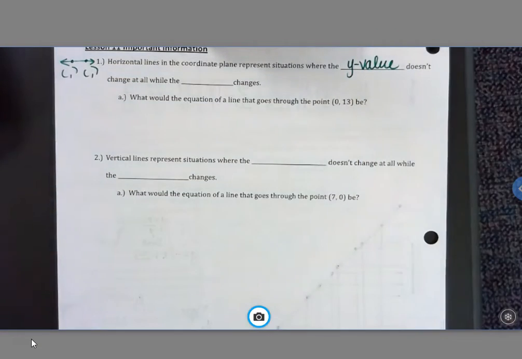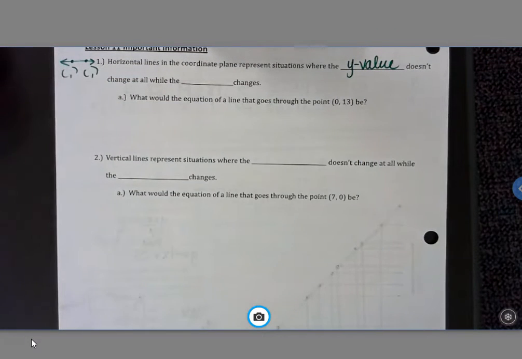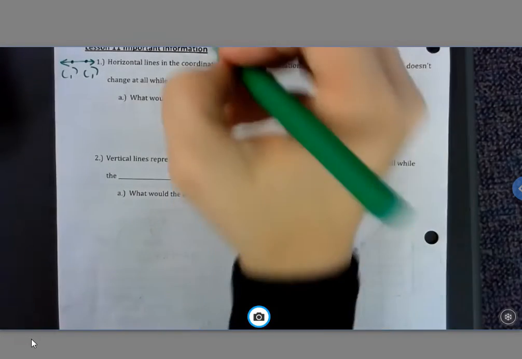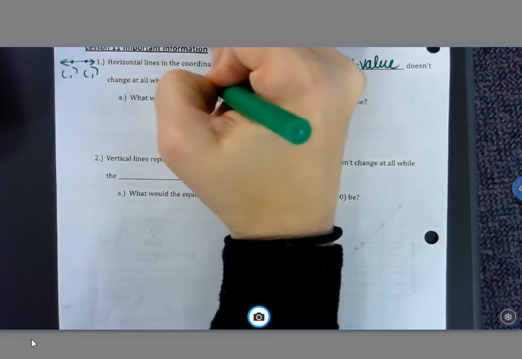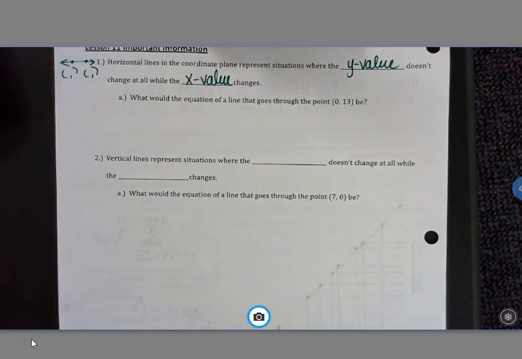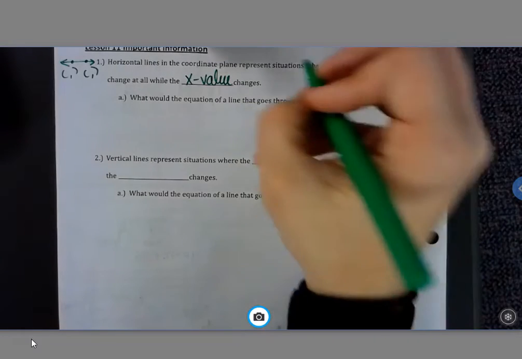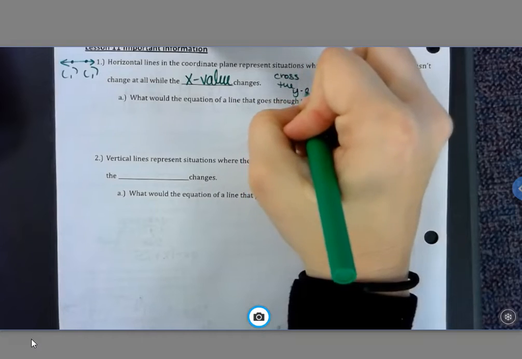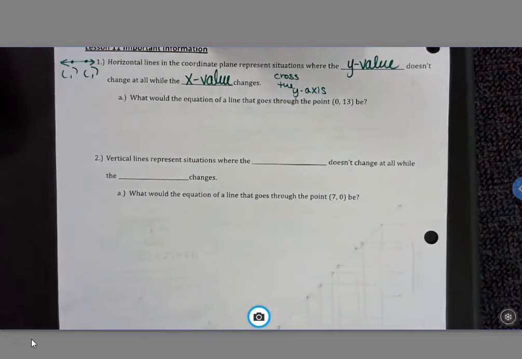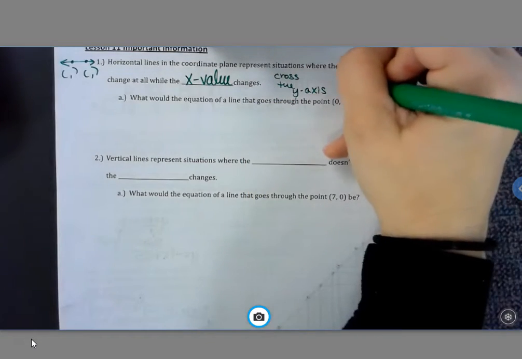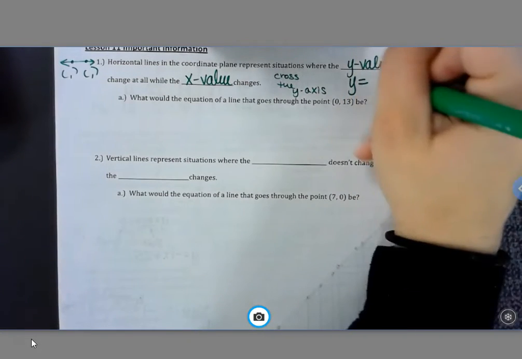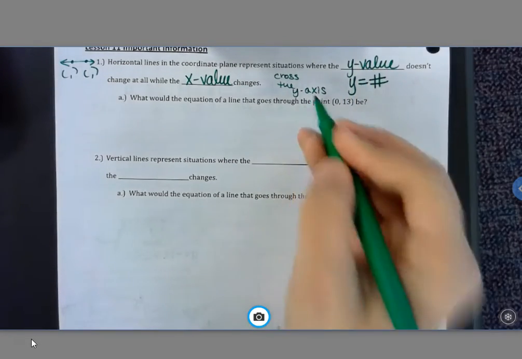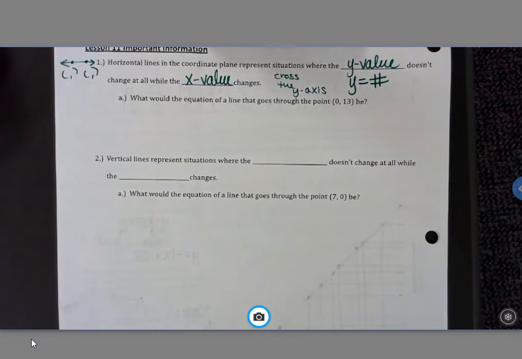The y value stays the same every time in a horizontal line. What does change is the x value in those ordered pairs. Remember, horizontal lines, they're going to cross the y-axis. So when we write an equation for a horizontal line, it'll always be y equals the number where it crosses the y-axis.